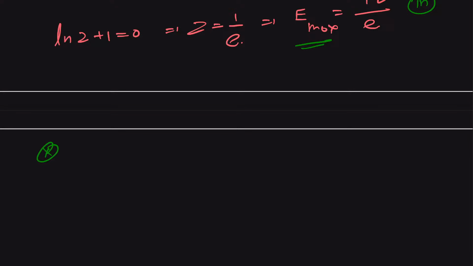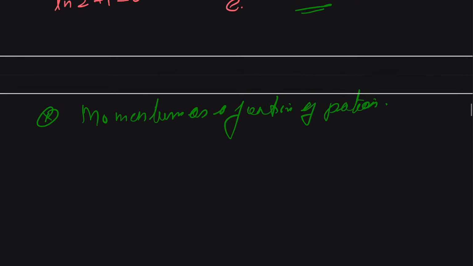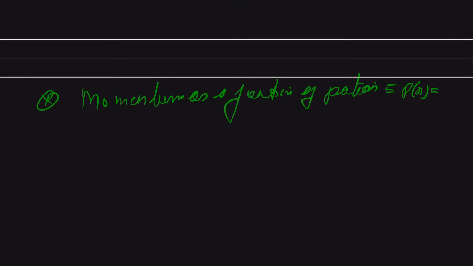Then next is our momentum as a function of position, that is P, or P of x, which will be equal to the mass at the distance x multiplied with the velocity.